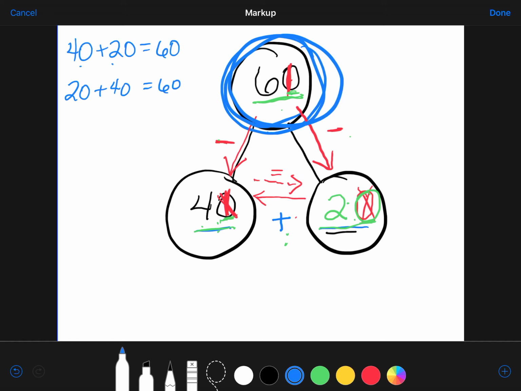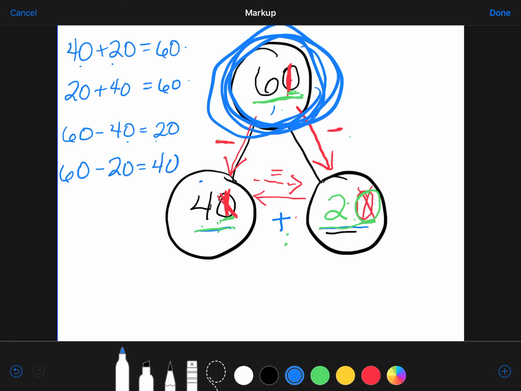I'm starting with the biggest one to subtract. So I'm going to say 60 minus, let's go on this side, 40 equals 20. I'm still starting with the biggest one, just like I end with it for adding, I'm going to start with it for subtracting. 60 minus, let's switch these two, 20 equals 40.